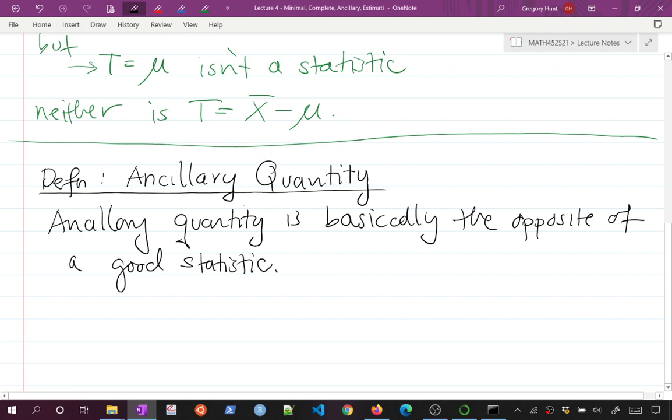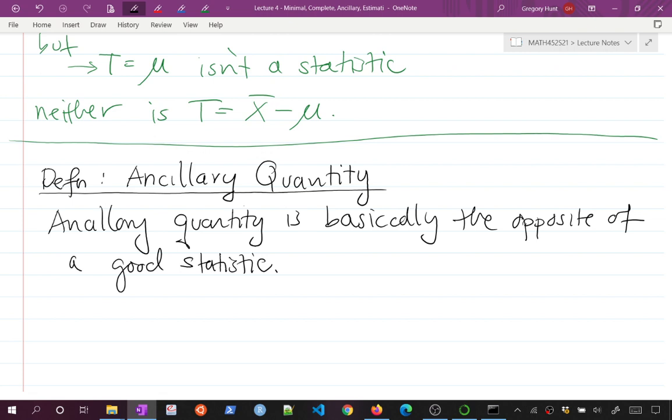We'll talk about what I really mean by a good statistic a little bit later in the lecture. But what we're thinking is that we're going to create statistics to estimate the unknown quantities parameterizing our distribution, parameterizing the data.